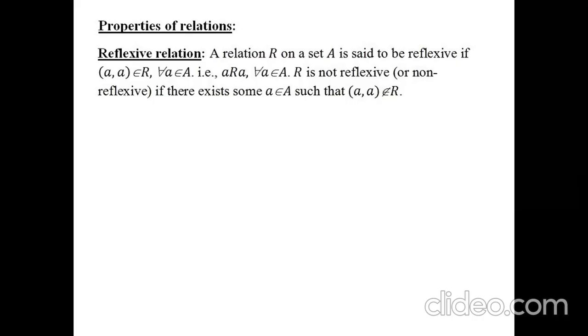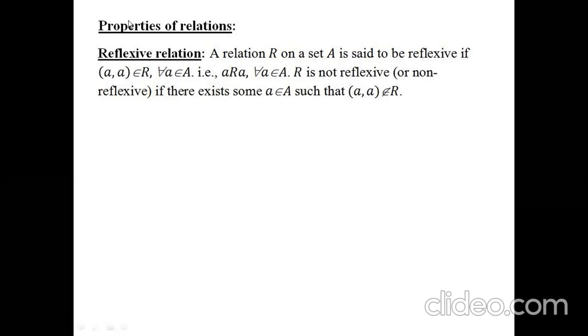A relation R on a set A is said to be reflexive if (a, a) belongs to R for every a belonging to the set A. That is, a is related to a for every element a belonging to the set A. And R is not reflexive, or it is said to be non-reflexive, if there exists some element a belonging to the set A such that (a, a) does not belong to the relation R.